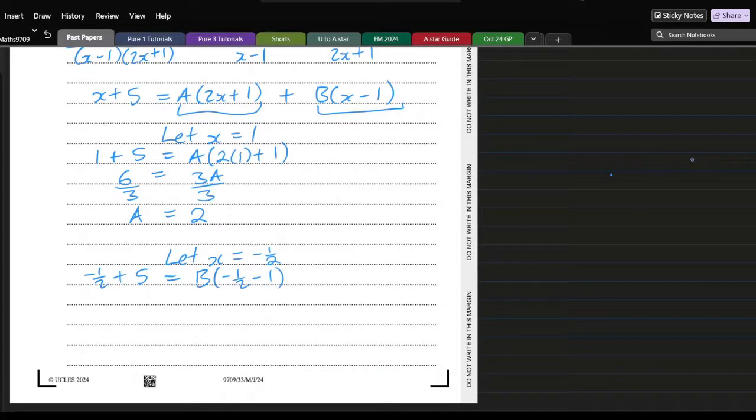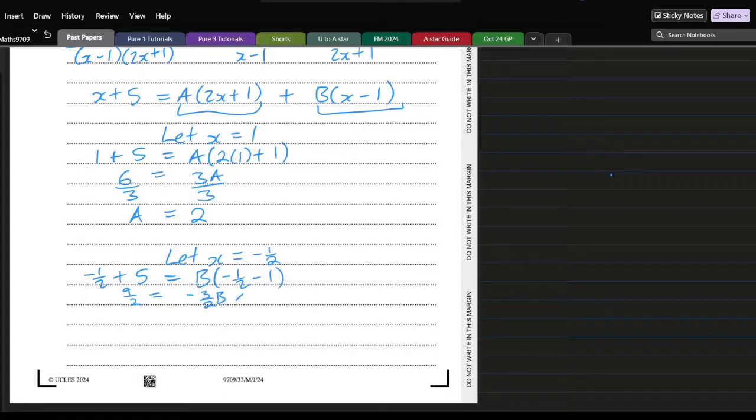So negative half plus 5 gives us 9 over 2. And then we've got negative half minus 1, which is negative 3 over 2. So we've got negative 3 over 2 B.